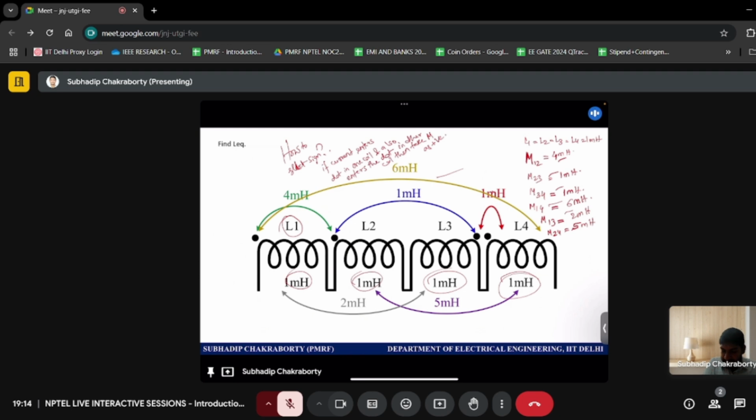Let me see, if I pass the test current here, then it is entering coil 1 as well as coil 2. So the mutual inductance between 1 and 2 can be taken as positive, right?